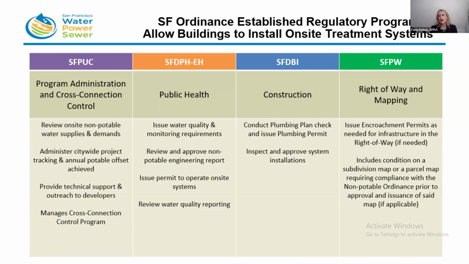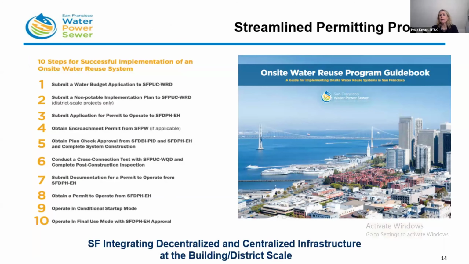Our Department of Public Health reviews engineering reports, issues permits, and requires ongoing water quality reporting. Our Department of Building Inspection is involved in installing systems and plumbing plan checks, and our Department of Public Works is involved in installing pipes in the street or sidewalk. We've also streamlined this permitting process to enable these decentralized systems to be installed quickly and easily.